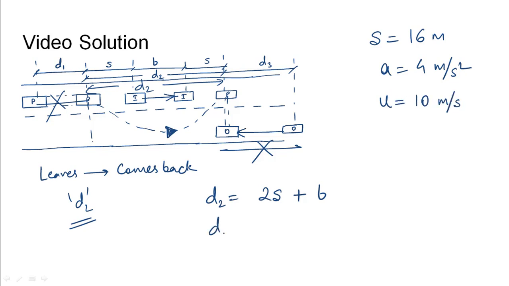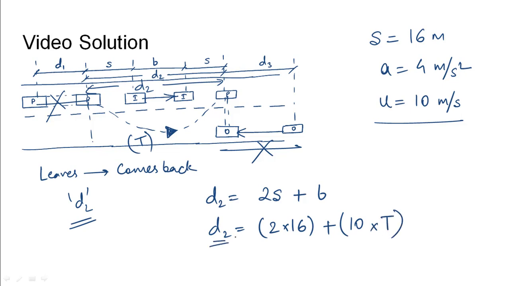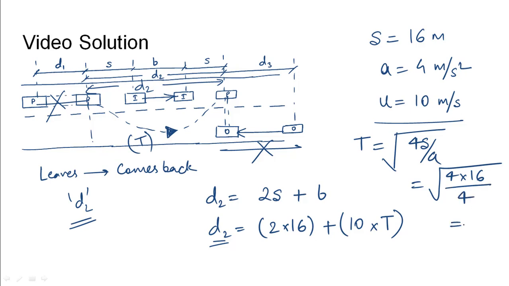So d2 can be written as 2 times of s, that is 16, and b would be the same as u times the maneuver time capital T. So u is given to us as 10 and we need to find T to compute d2. So T, as we saw in the previous slide, is given as root over 4s by a. Substituting the values, we would get root over 4 into 16 by 4. This would turn out to be 4 seconds.